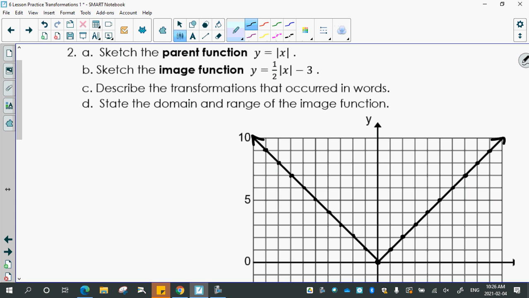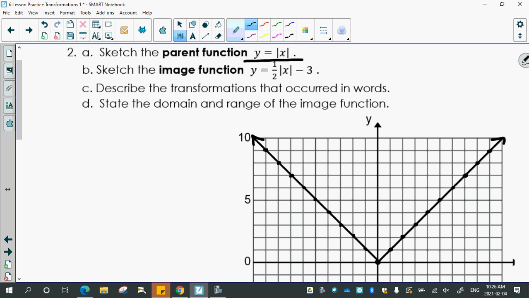And then I'm going to use a legend, so I'm going to do the image function in black. You guys did it in pencil, perhaps. Okay, and then part B says to sketch the image function y equals 1/2 absolute value of x minus 3.